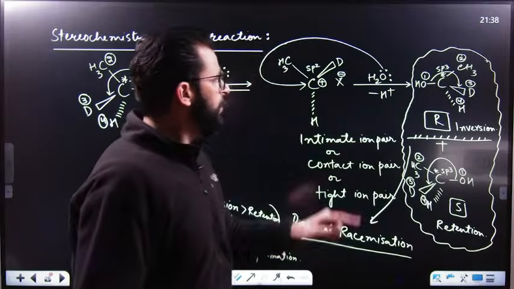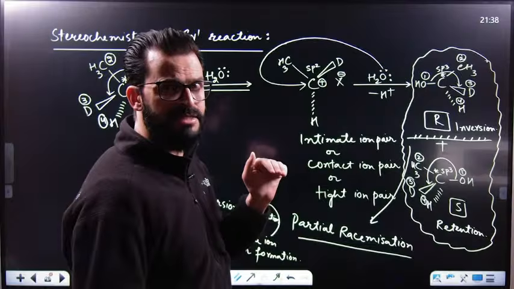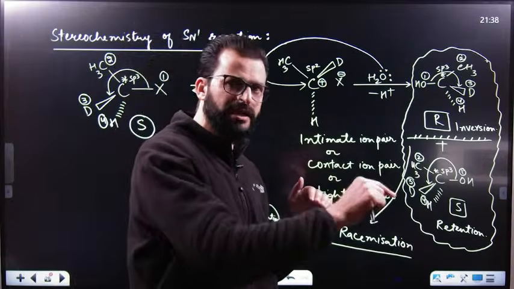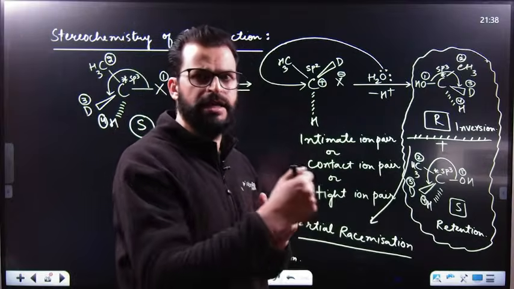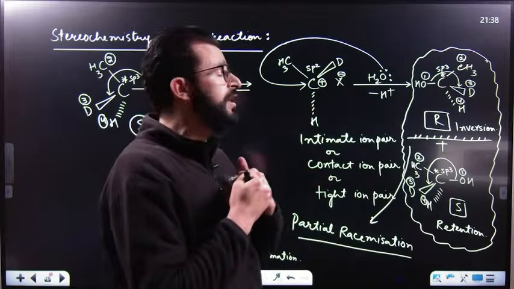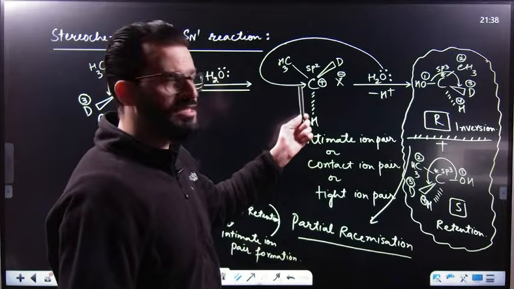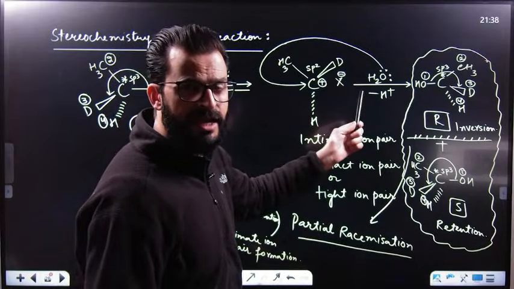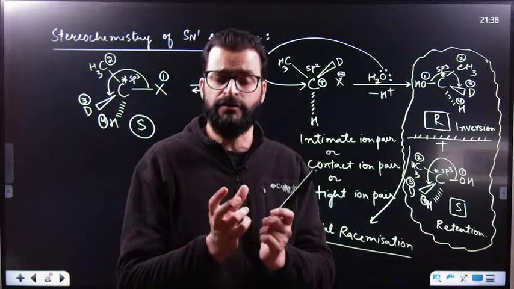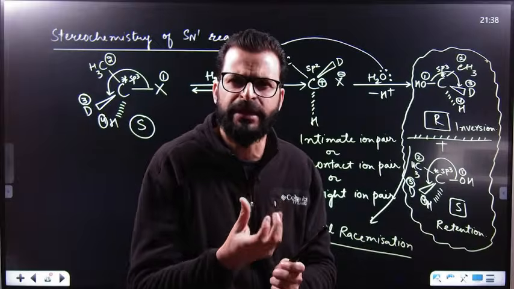If the reactivity of the carbocation with the nucleophile is lesser, that means the nucleophile will attack the carbocation after some time. But if the nucleophile and carbocation interact after some time, at that time this carbocation and halide ion will be separated due to solvent, or at that time it will simply be a solvent separated ion pair.